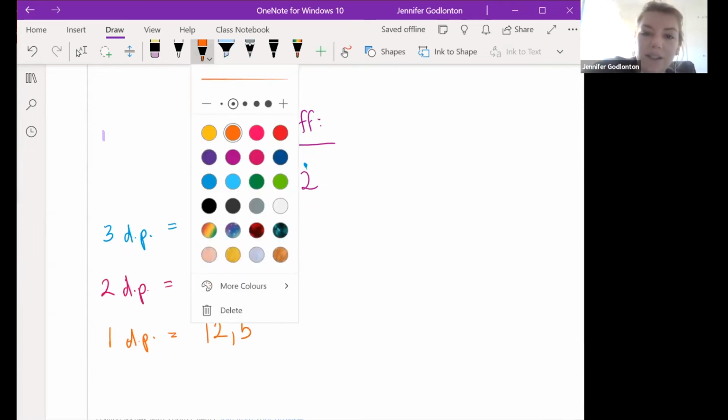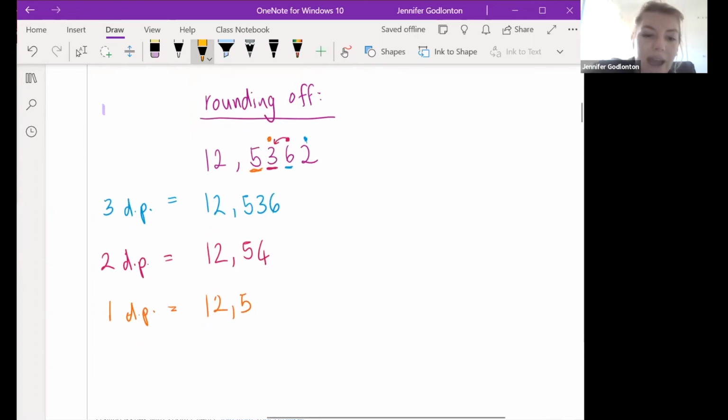If I wanted this to be rounded off to a whole number, so no decimal places, I look at the first decimal, and that is 5. So my whole number would be 13, because the 5 would break the 2 up. So whenever we're rounding off, we always look at the number on the right.